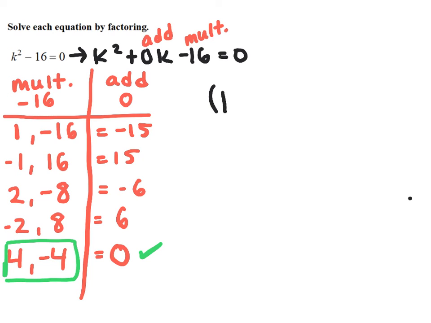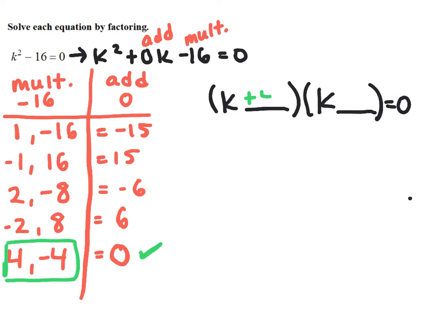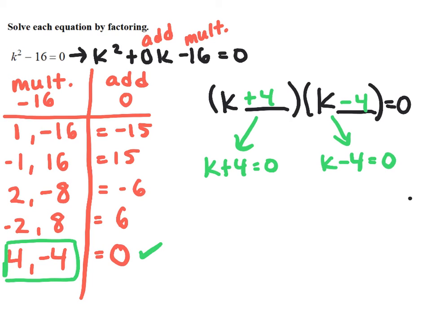So if I fill in my factors, I know are k and k set equals 0. Now I can fill in plus 4 minus 4. So I can set k plus 4 equals 0 and k minus 4 equals 0.